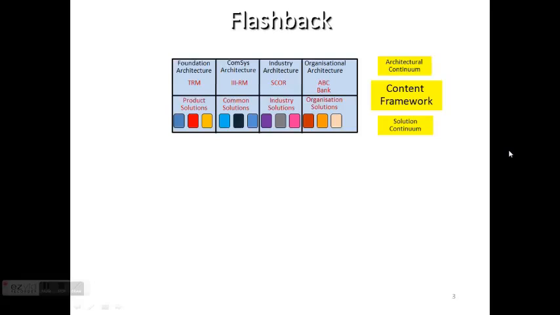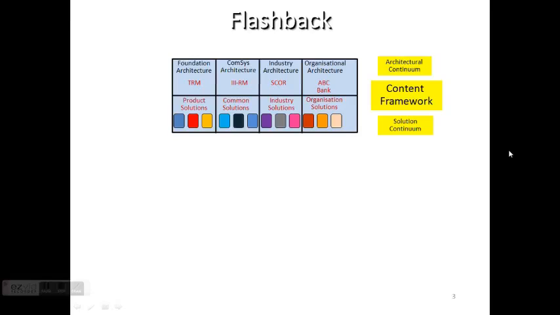If you remember from the last session, I talked about how enterprise architecture frameworks can help enterprises and businesses build their own enterprise architecture using certain frameworks, standards, and also provide them with some building blocks, pre-built Lego blocks in order to use in their process of building enterprise architecture.